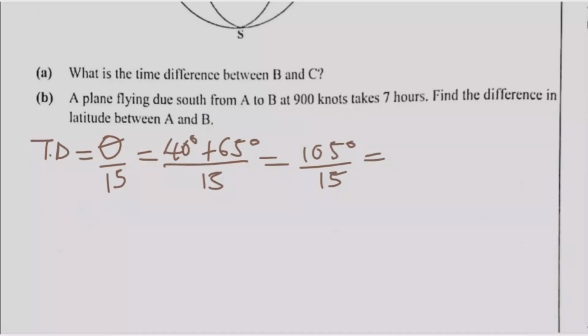So when we divide 105 by 15, the answer will be the number of hours. 15 into 105 gives us 7, so that is 7 hours.